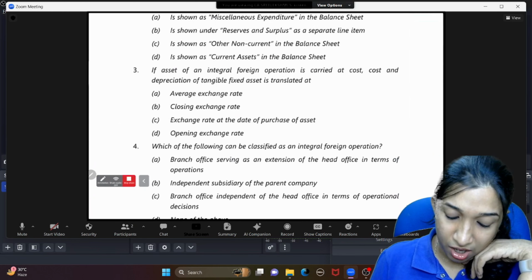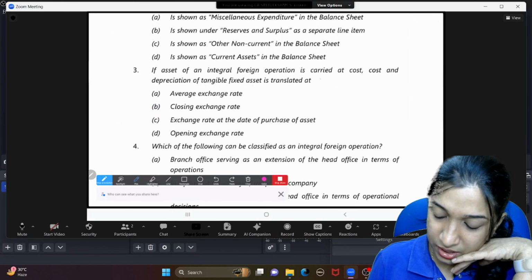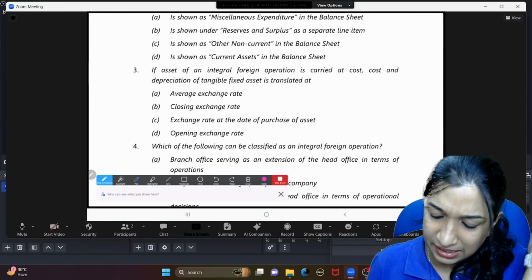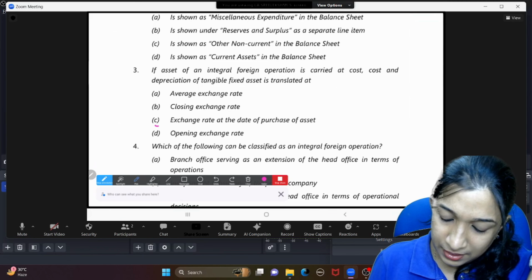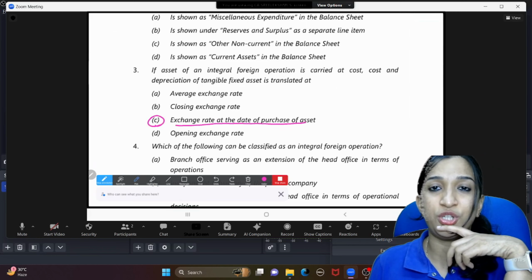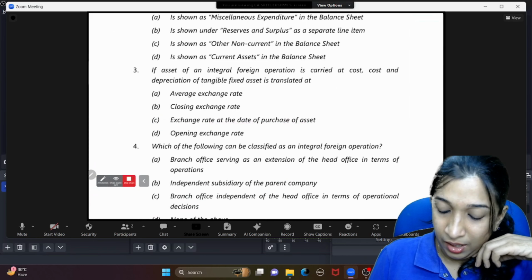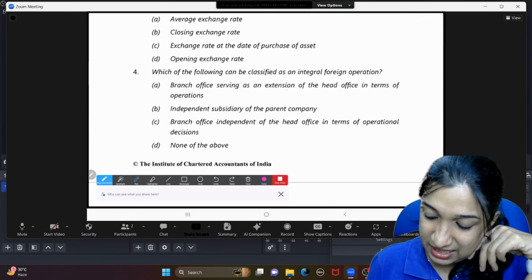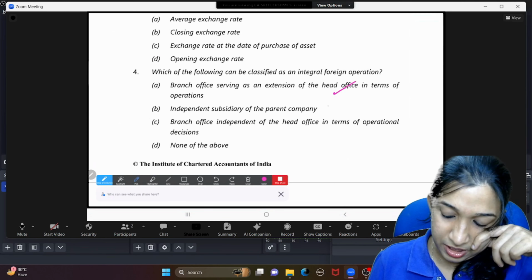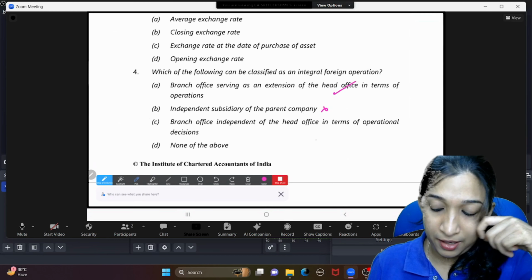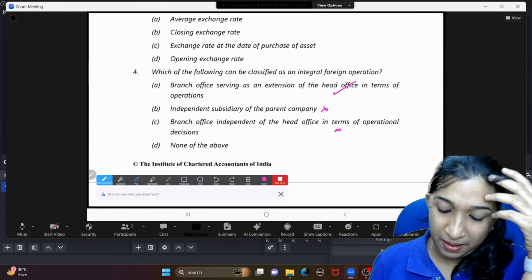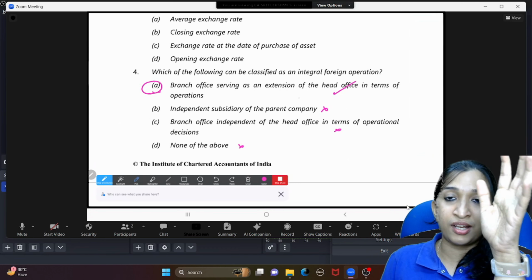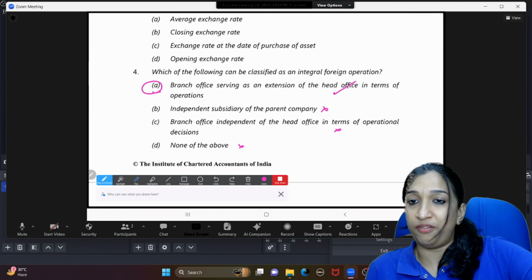If an asset of an integral operation is carried at cost and depreciation of tangible fixed asset is translated at the exchange rate at the date of purchase of the asset. Which of the following can be classified as integral? Branch office serving as an extension of head office.